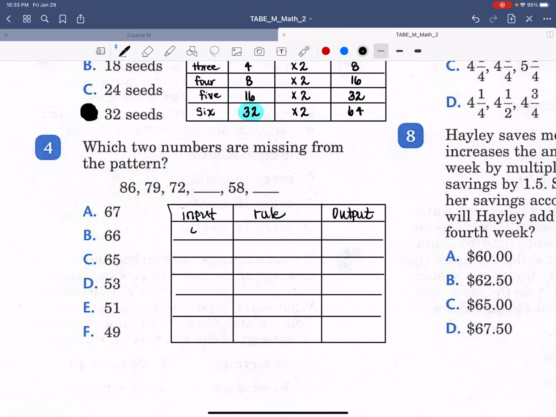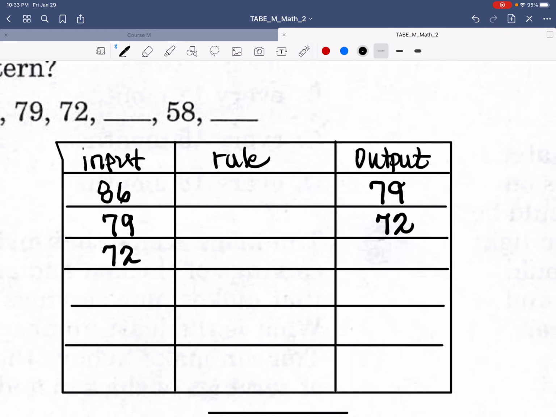So 86 is the input, the output is 79. 79 is right beside 72. But then I come up on a blank space. So I'm not going to fill the rest of this in right now. Let's get our rule and then we'll continue.